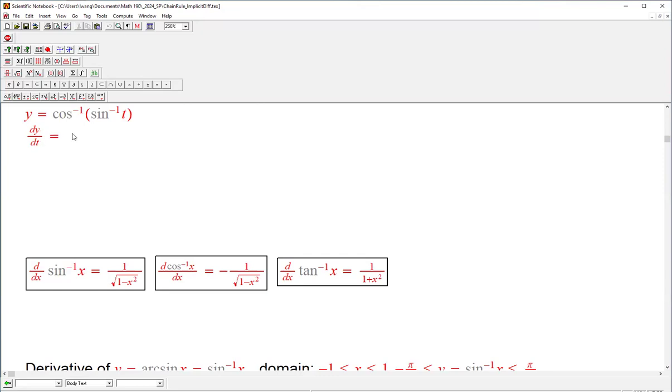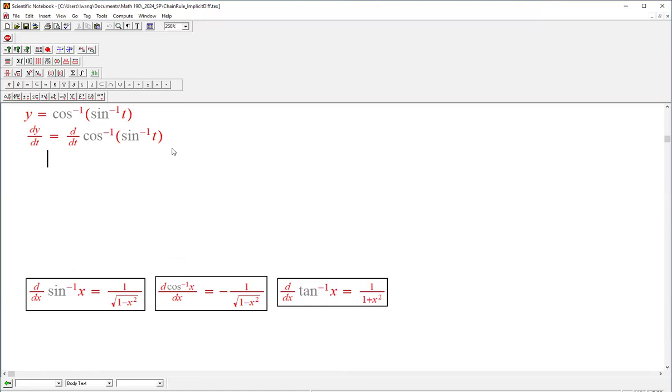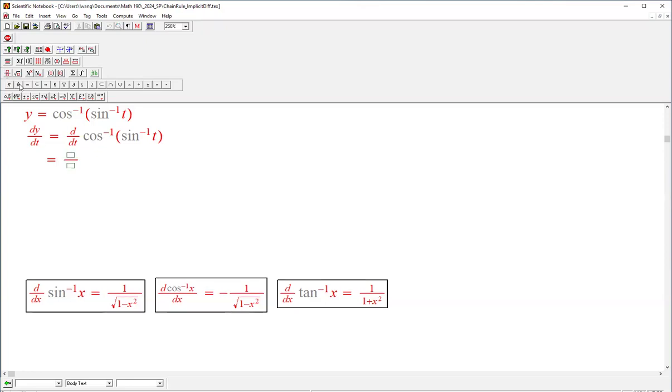That's going to be the derivative with respect to t. Here we have arc cosine of arc sine t, which equals the derivative of arc cosine.